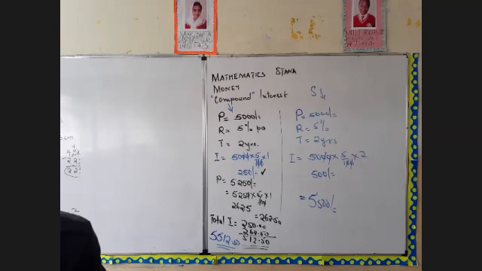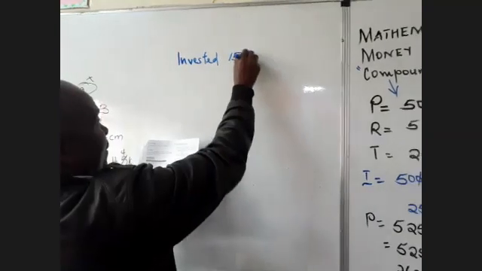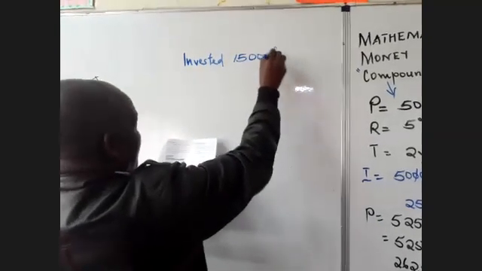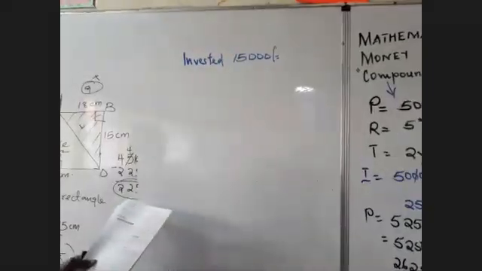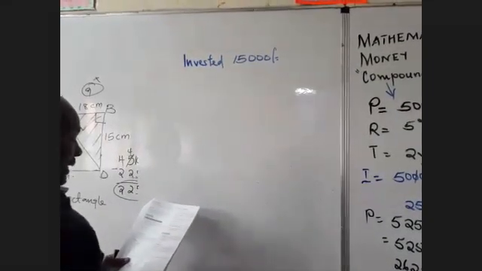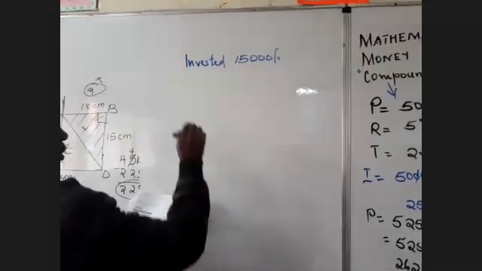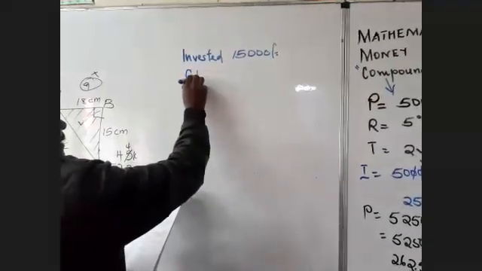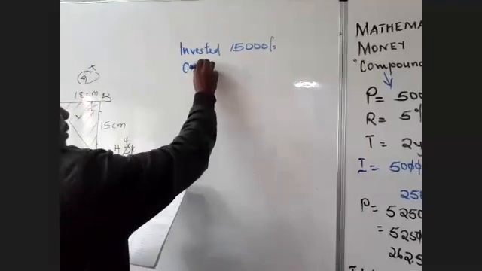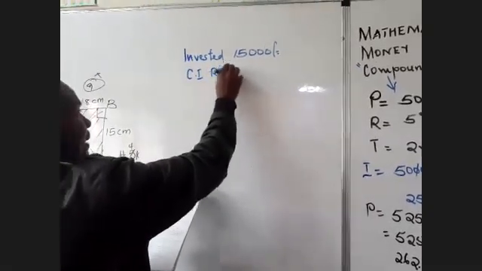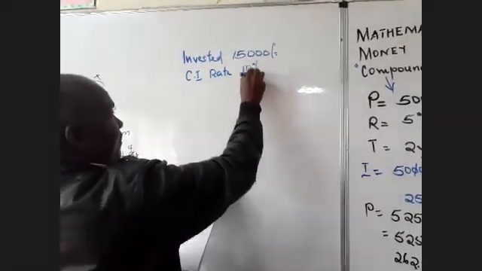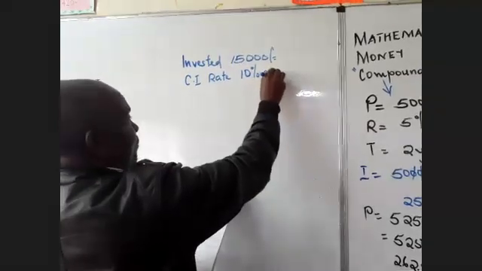Here we have Atieno invested 15,000 in a bank which paid compound interest at a rate of 10% per annum. 10% per annum.